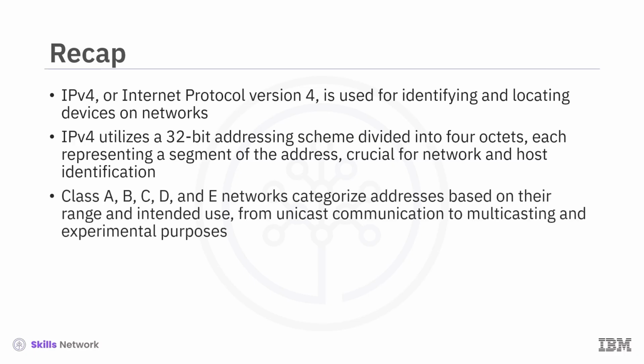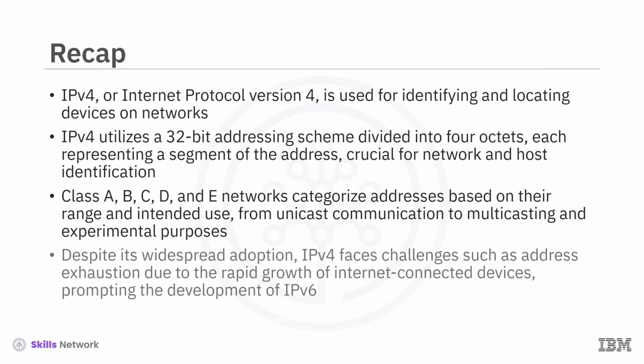Class A, B, C, D, and E networks categorize addresses based on their range and intended use, from unicast communication to multicasting and experimental purposes. Despite its widespread adoption, IPv4 faces challenges such as address exhaustion due to the rapid growth of Internet-connected devices, prompting the development of IPv6.